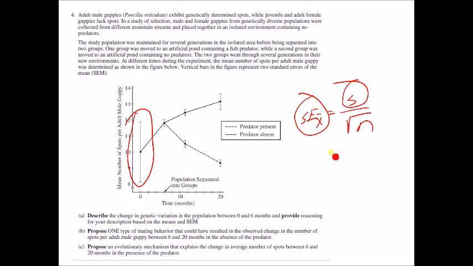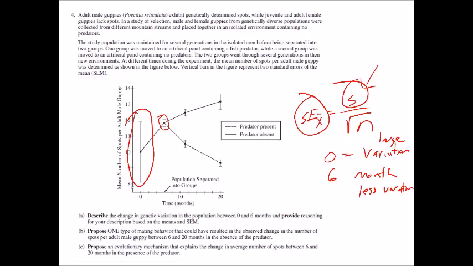That means at time 0, we had a large variation. But notice as time goes on up to 6 months, those error bars at 6 months are much smaller. That means the standard deviation is smaller. Therefore, at 6 months, there is less variation.